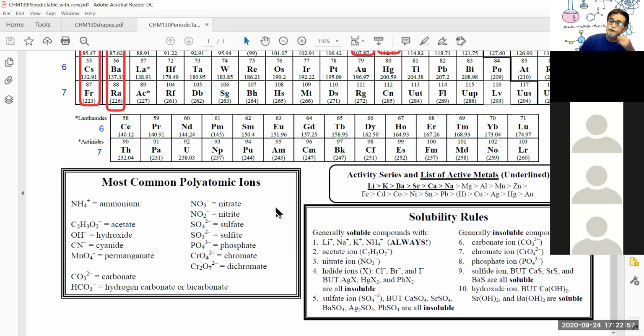A lot of these you use in your everyday life. You may not be aware of it. Hydroxide: if you ever used Liquid Plumber to unclog your drain, you used a hydroxide compound.